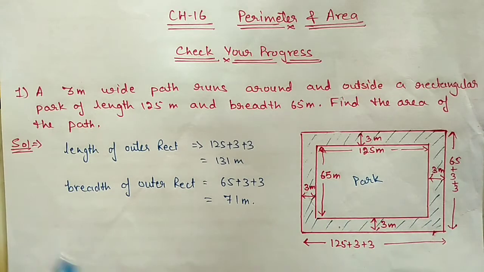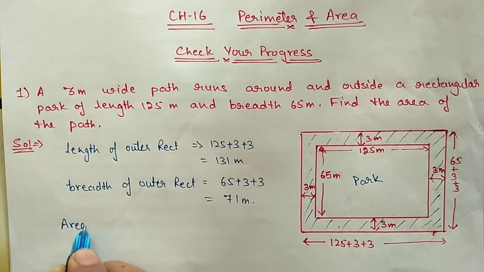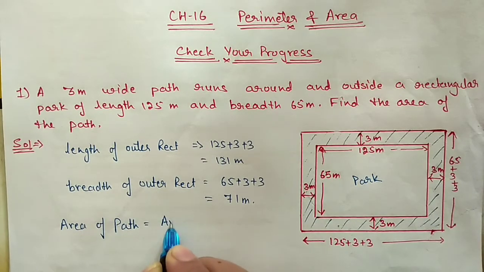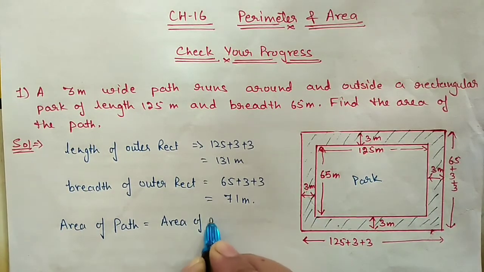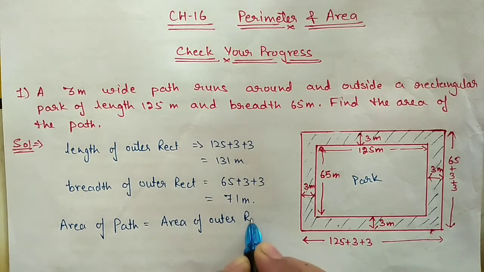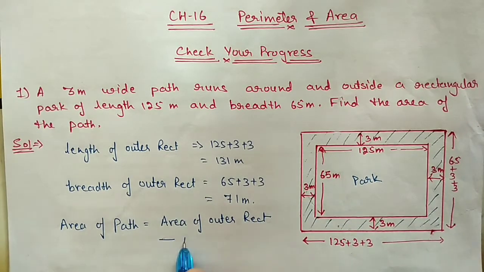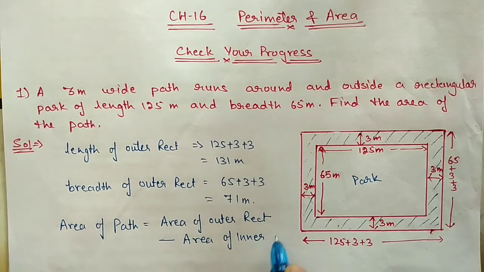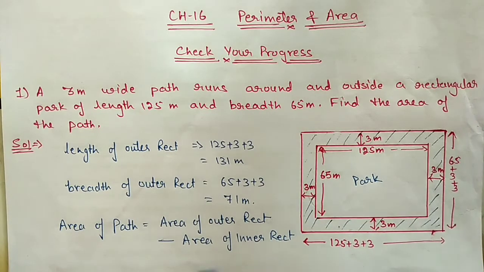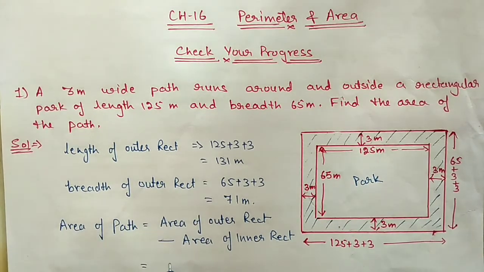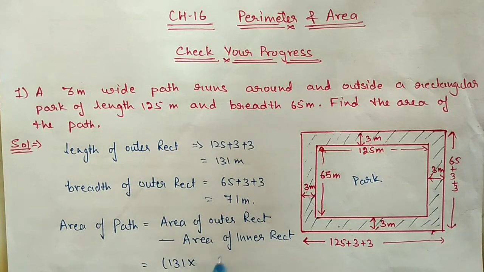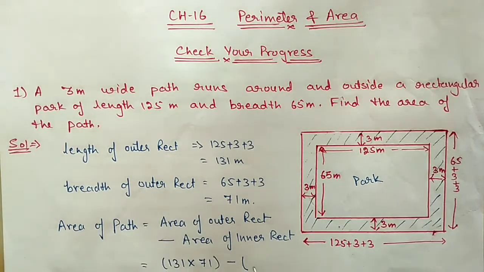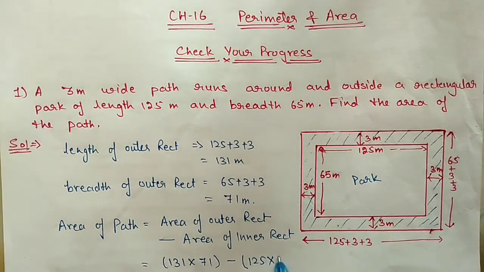Now we have to find the area of this path. So area of path is equal to area of outer rectangle minus area of inner rectangle. So outer rectangle area will be length into breadth. Length is 131 and breadth is 71, minus area of inner rectangle, which will be 125 into 65.